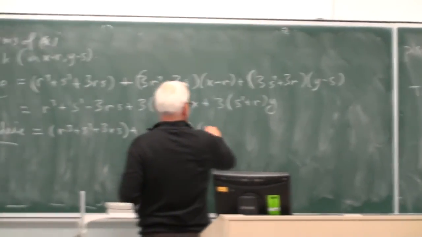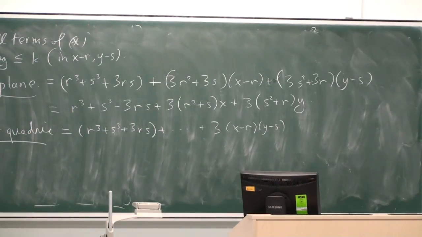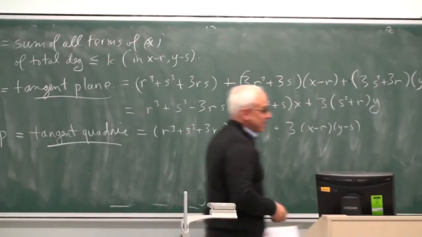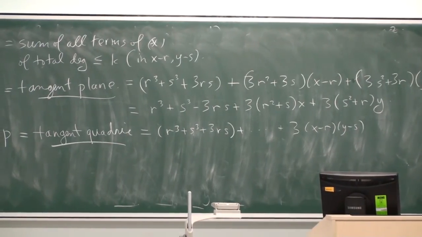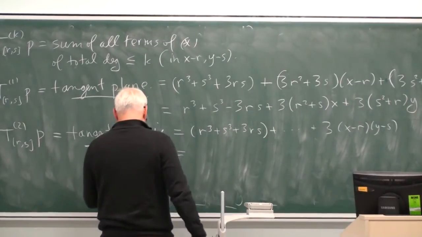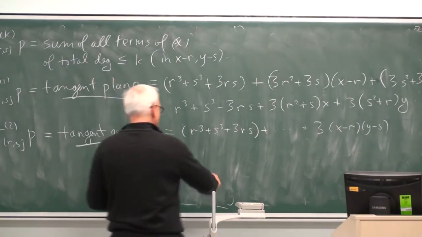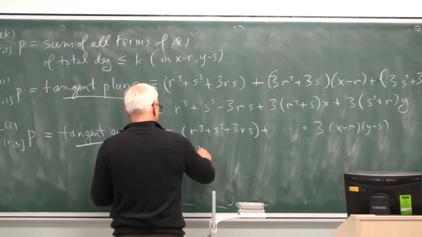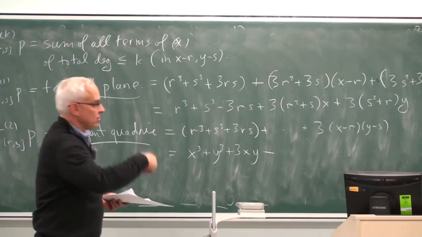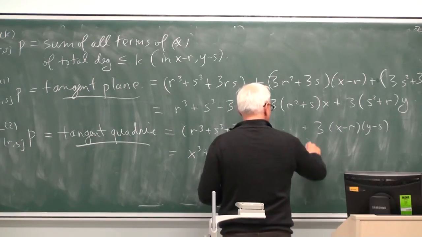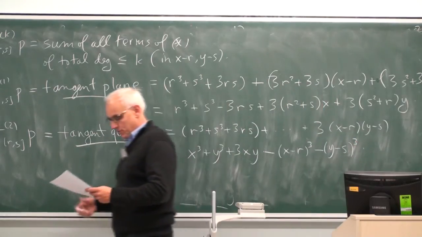All the way up to 3 times x minus r, y minus s. In this case, the error is just these two terms here. So we could also write it, if we want to be a little bit lazy, as the whole polynomial, which was x cubed plus y cubed plus 3xy, minus the last two terms, x minus r cubed minus y minus s cubed. It's actually a quadratic.